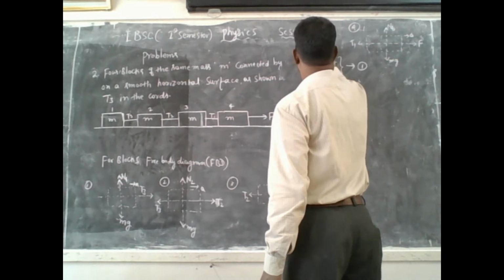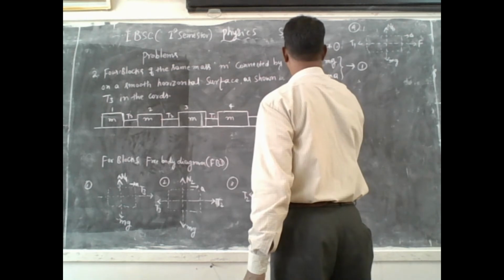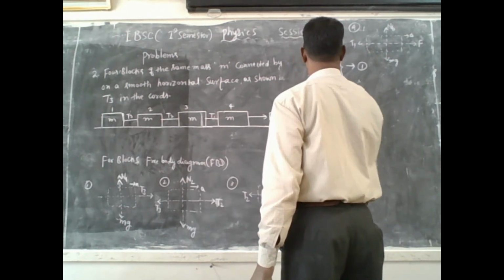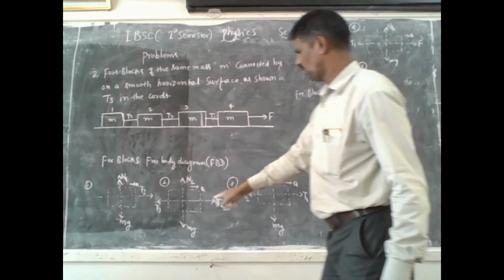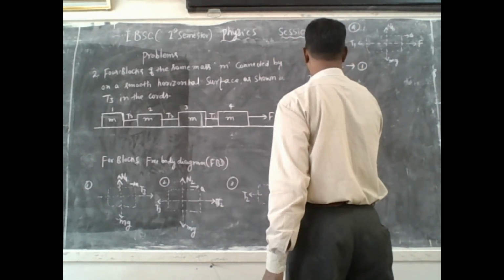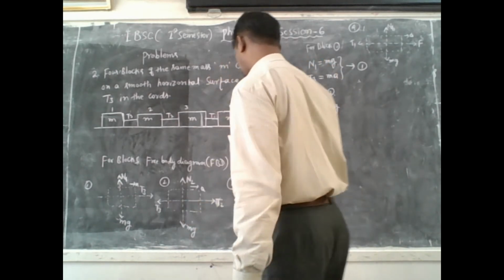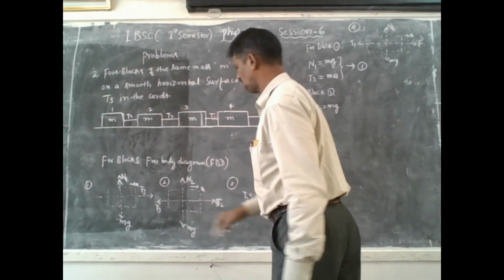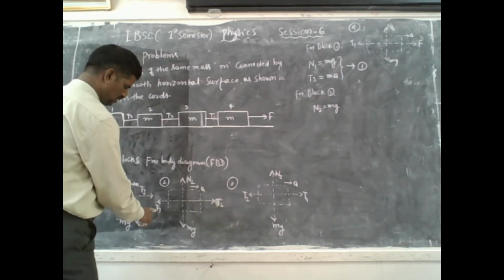For block 1. And for block 2, now for block 2, N2 is equal to mg, and then T2 is the positive quantity and T3 is the negative quantity because T2 is heavier compared to T3, isn't it?